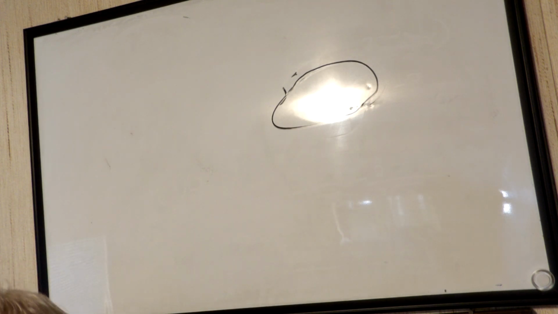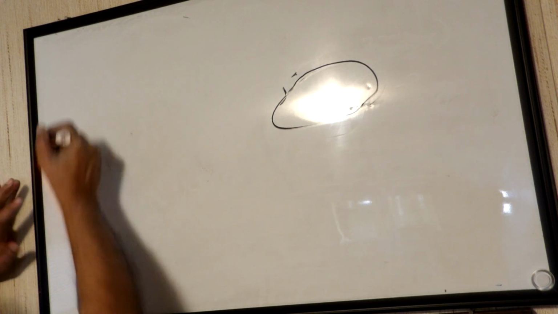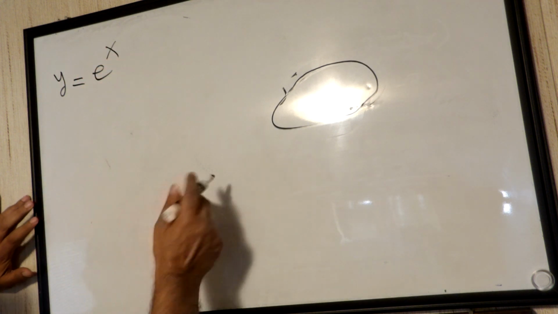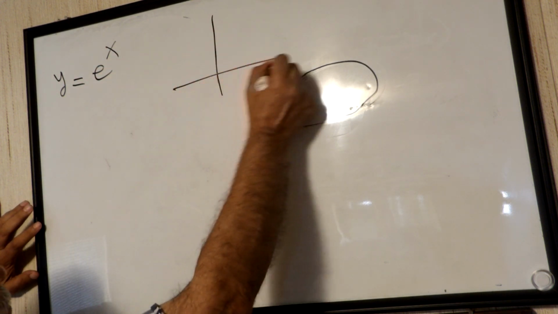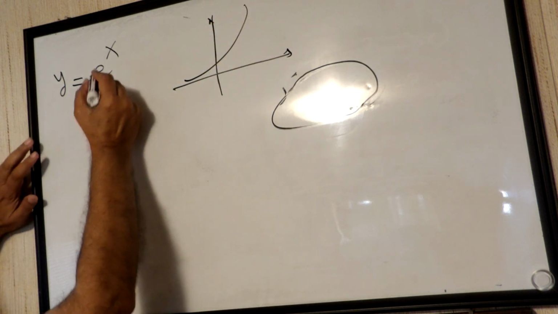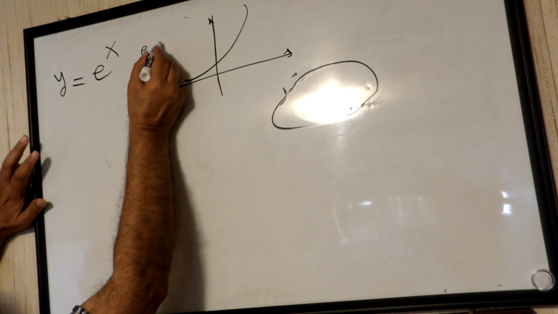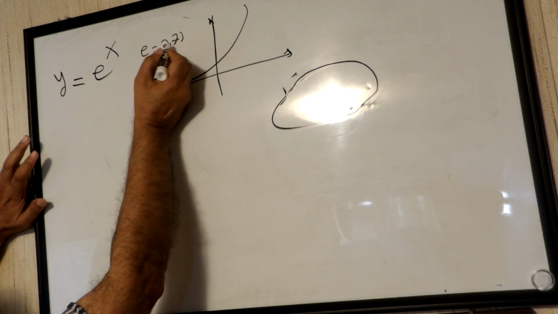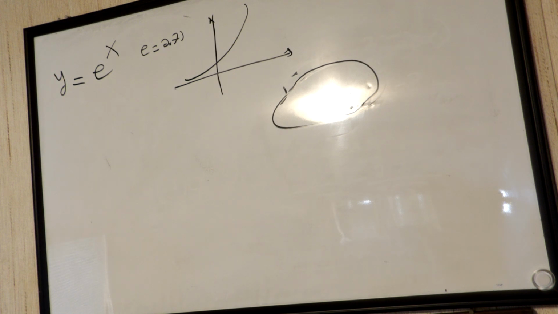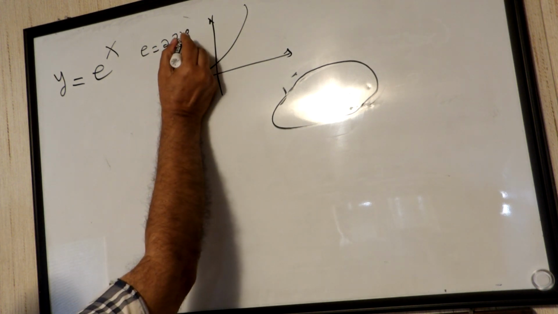We have two kinds of exponential. Either you have e to the power of x. We know that when we draw this one, it's going to be something like this. E is actually 2.718 and something.